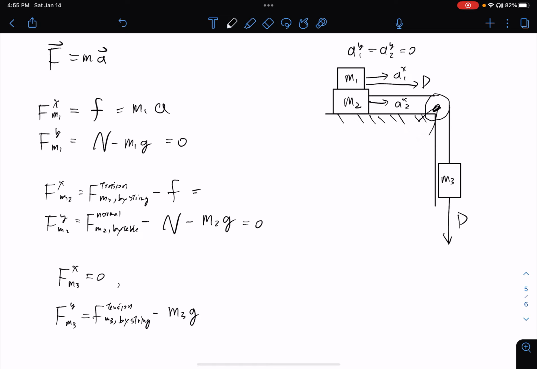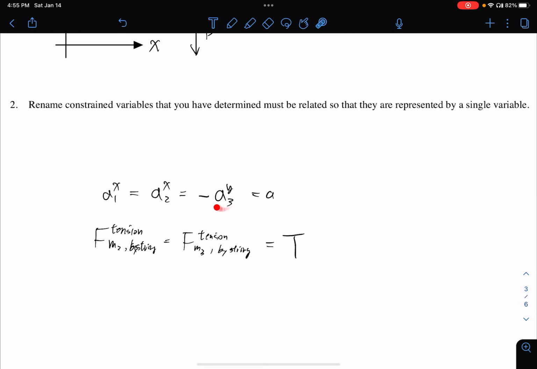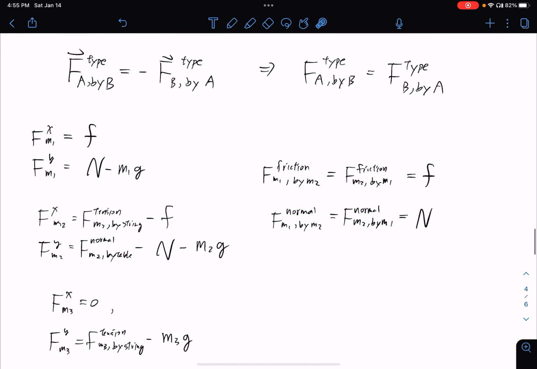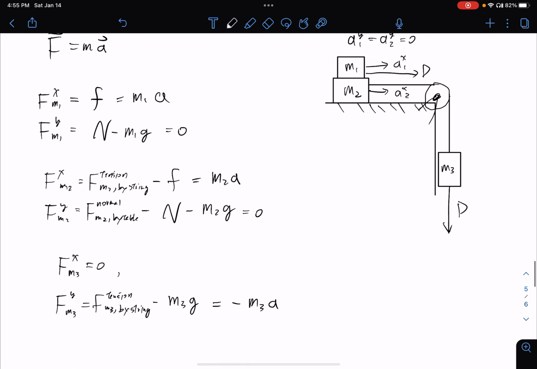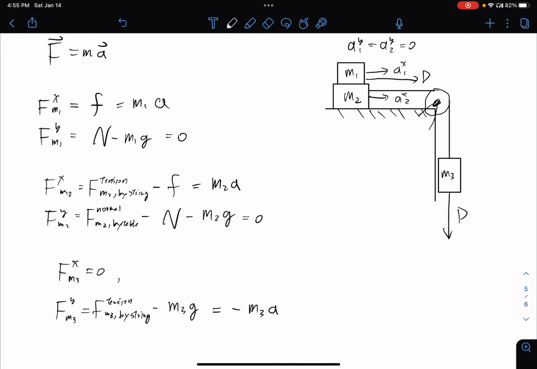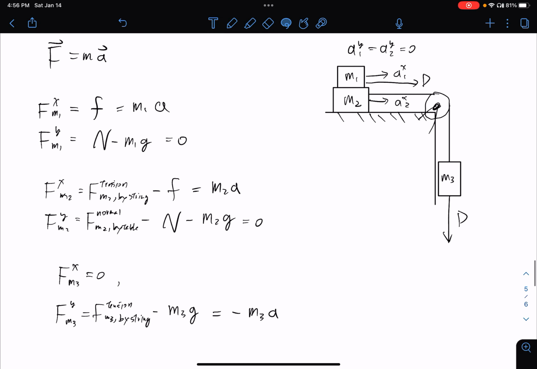Similarly, m2 will have m2a, and for m3, because the negative of its y component equals a, this one will equal negative m3a. So here are all the equations. We don't need the left hand side anymore, so let's just get rid of it.